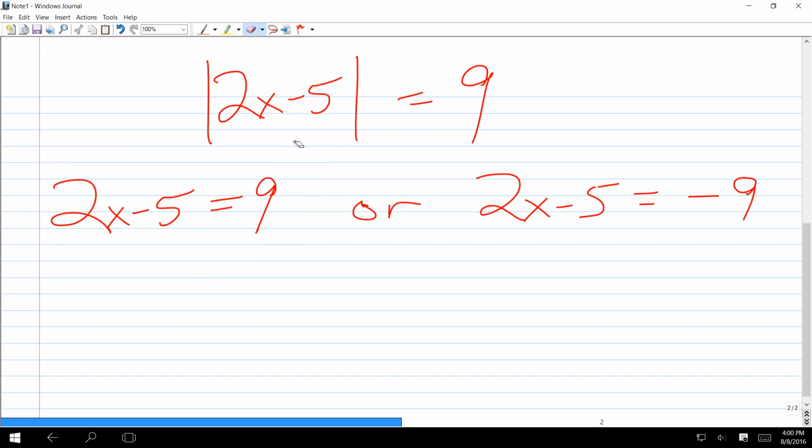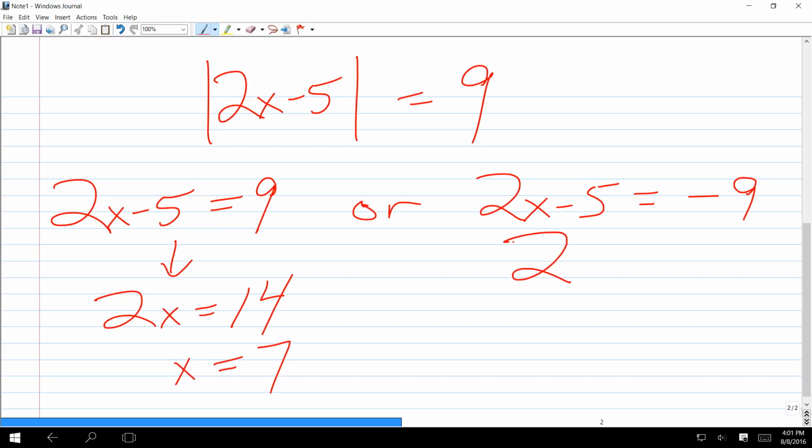Okay? Now, why did I write them horizontally? Because now I have two equations that I have to solve vertically. So this equation gives me 2x equals 14, x equals 7, and this equation over here gives me 2x equals minus 4, which means x equals minus 2. Okay? So absolute values are a lot like quadratics.